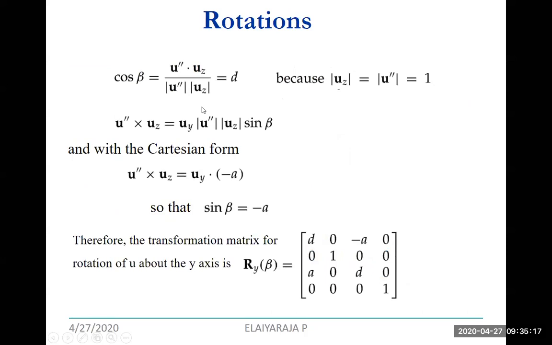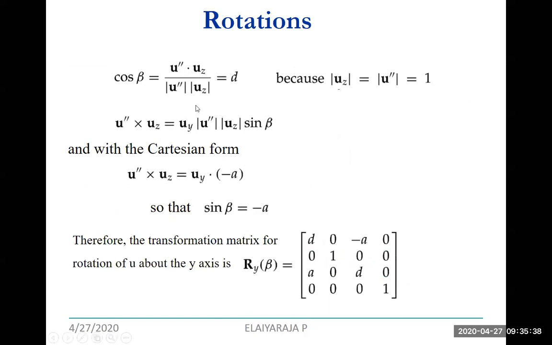So here, for the second rotation, cos beta is equal to u double dash into uz, where u double dash value equal to a 0 d multiplied with 0 0 1, okay?